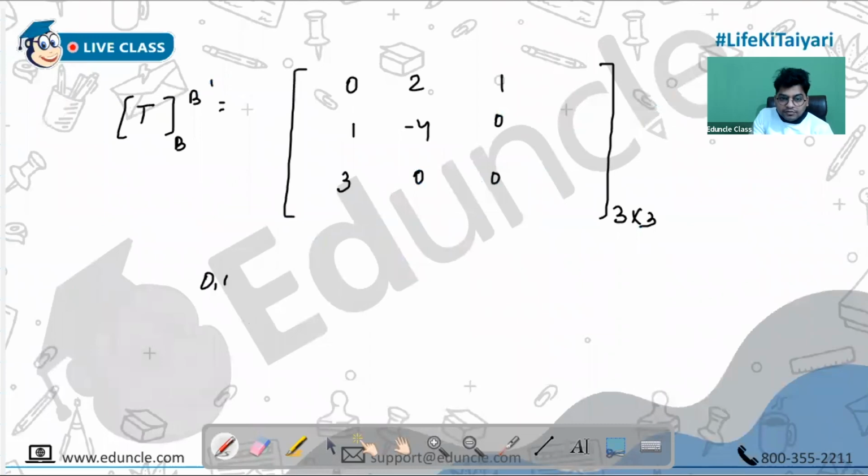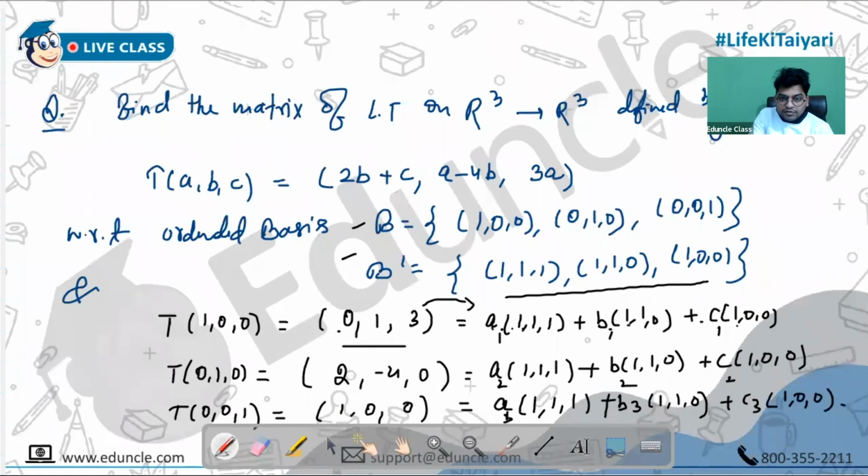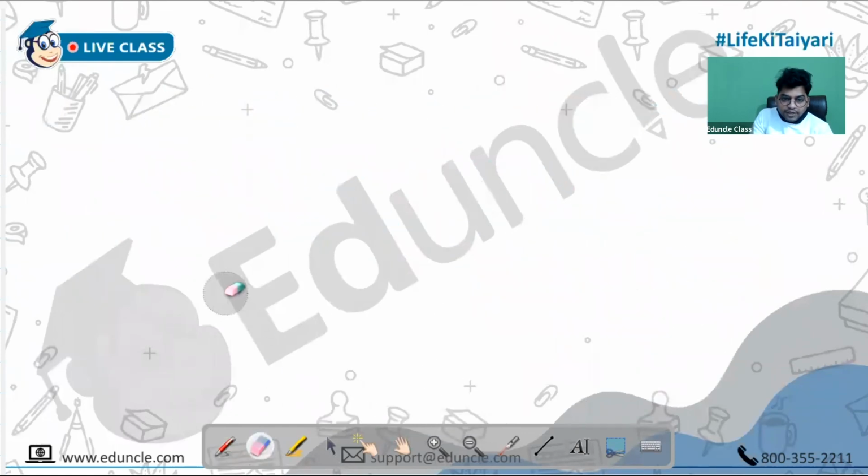That is 0 0 3 which can be written as 0 1 3. एक पॉइंट मैं निकाल देता हूँ फिर आप निकाल लेना.